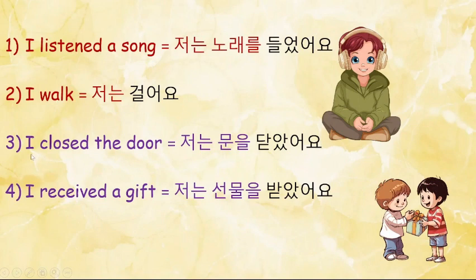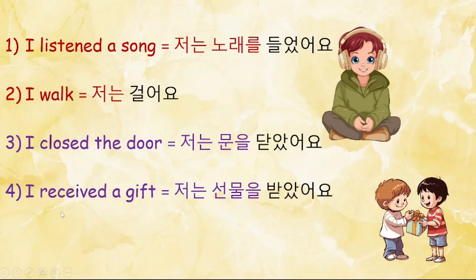Now the sentence is I closed the door. 저는 문을 닫았어요. 문 is door, and to close is 닫다. Now 닫다 is not an irregular verb. It follows the regular conjugation rule. So in the past tense it is conjugated as 닫았어요, right?